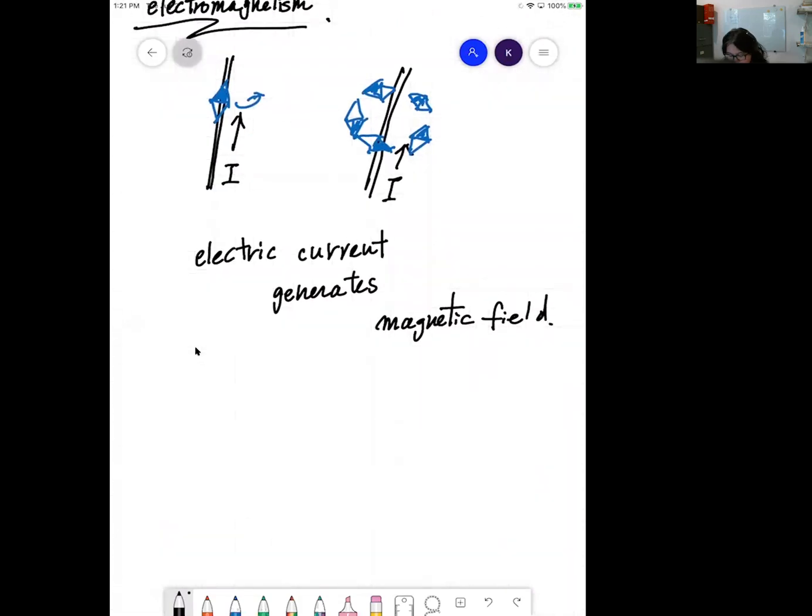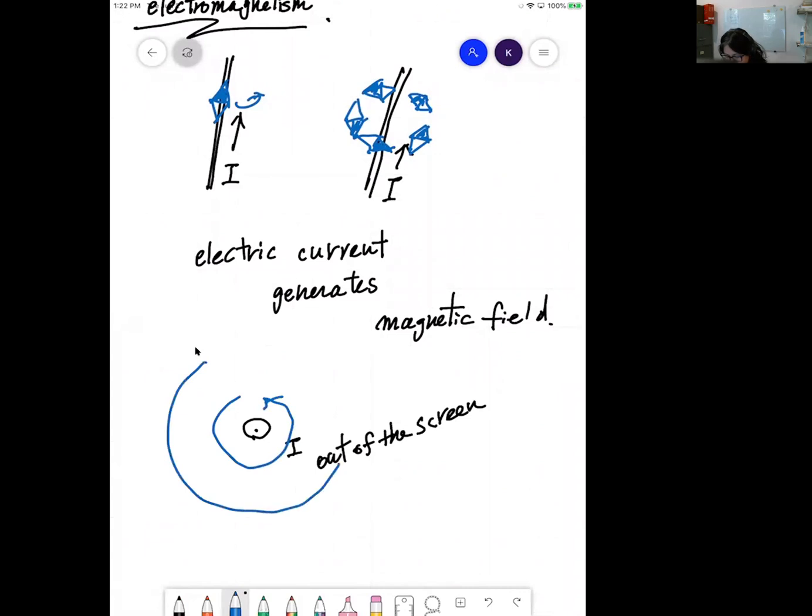And let's say the current is coming out of the screen. It's 3D. Then you're going to have a magnetic field produced like this. This is the direction of the magnetic field produced.